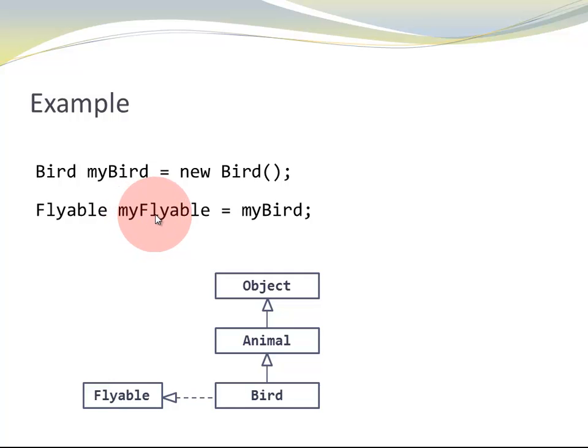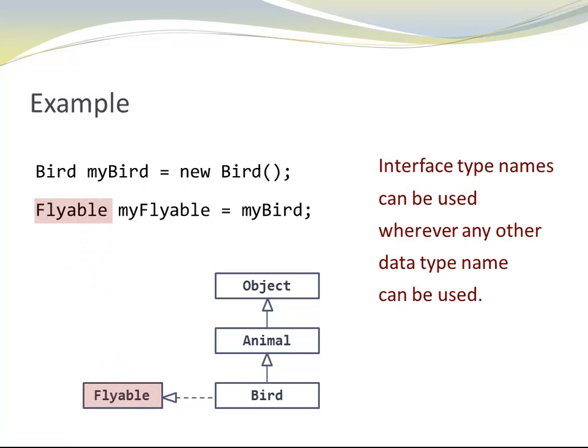I could also say myFlyable gets assigned myBird because myBird is a Flyable. Notice, the type of myFlyable is an interface type. Interface type names can be used wherever any other type name can be used. myBird is of a class type that implemented Flyable.